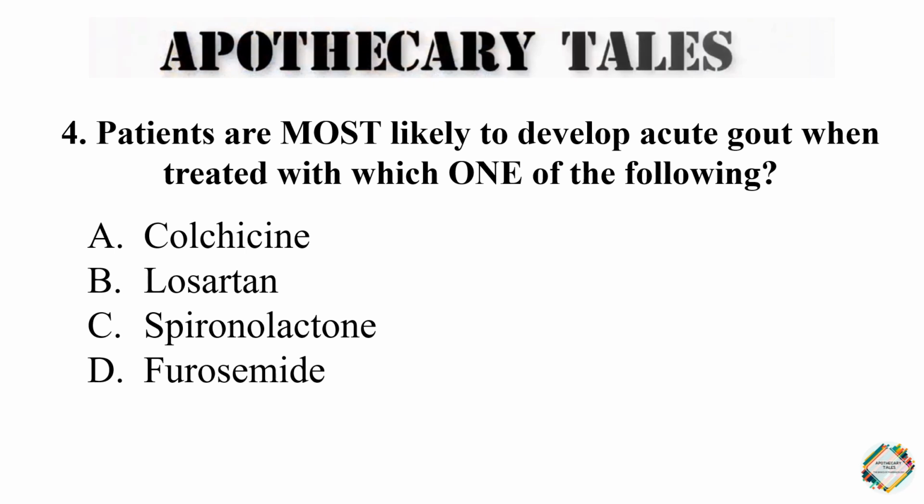So first option, colchicine. Colchicine is a drug that is used for the treatment of gout because it prevents the microtubule formation and thereby reduces the generation of leukotrienes and cytokines, which are responsible for the gout. So therefore, definitely colchicine is not the answer. Option B, losartan. Losartan belongs to the angiotensin receptor blockers, and the angiotensin receptor blockers are known to decrease the serum uric acid concentration.